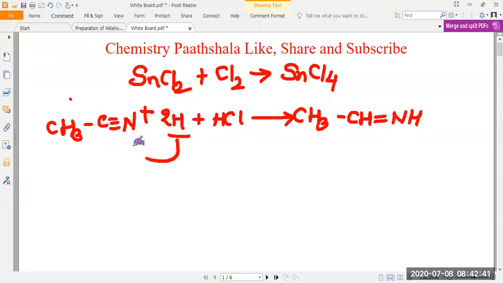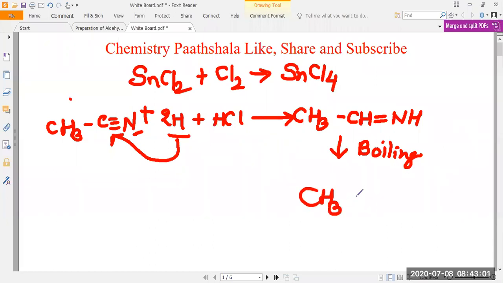One H is attached to this carbon and one H is attached to this nitrogen, and the compound is formed like this. And when we boil this compound with water, we get the compound CH3CHO. Now, I think the chemical reaction is clear to all of you.